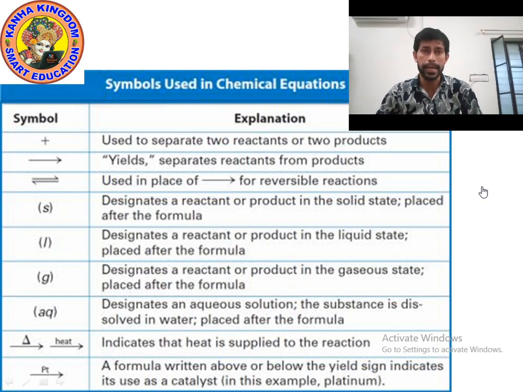Next symbol is (s), small s. The s symbol is used to show the solid state of a reactant or product. Next symbol is (l), small l, liquid. Yes, it is used to show the liquid state. Next is (g), small g, which represents the gaseous state. If any reactant or product is in gaseous form, then we use this symbol just after the reactant or product.